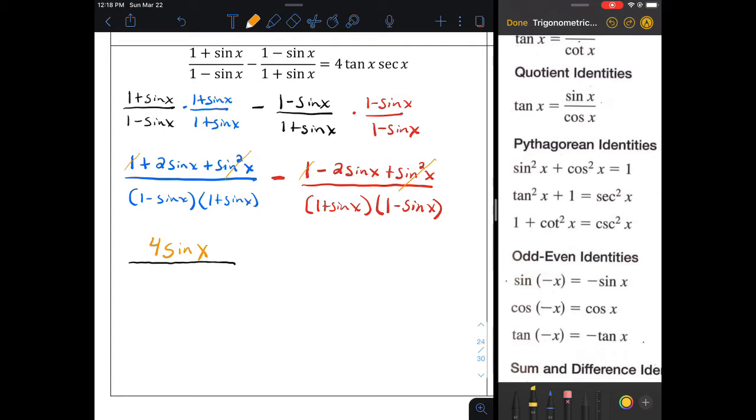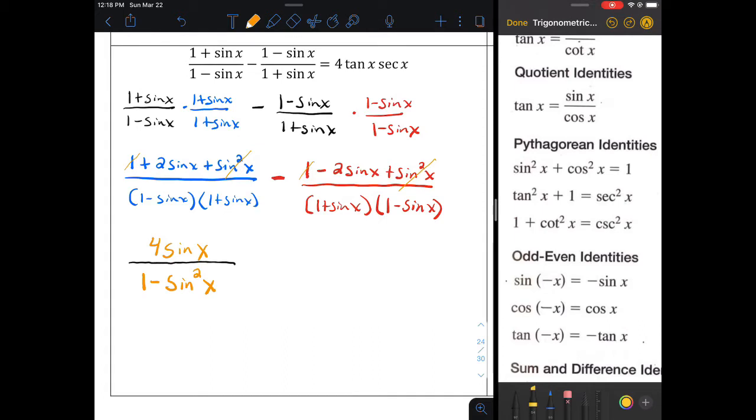Now, looking at my denominator, I know I'm going to have to wind up making a tangent and a secant of x, which both of those functions have cosine in the denominator. So I'm going to go ahead and multiply the two binomials together in the denominator, which makes 1 minus cosine. Not 1 minus cosine, 1 minus sine squared x. All right, so that brings me to here. Now, 1 minus sine squared x, we used that previously in this video.